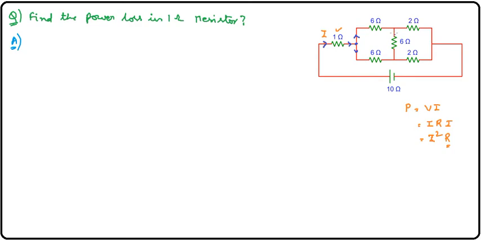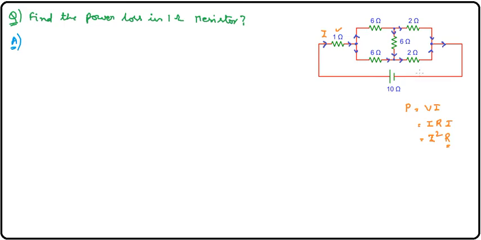Later it is again divided into two parts, this way and this way, and it is added here and again divided into two parts. Finally the current will join here and go this way. So now our job is to find out which resistors are in series and which are in parallel.